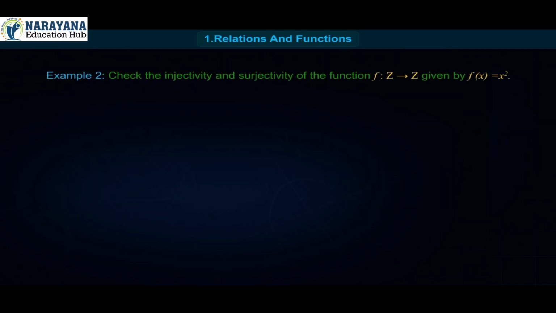Example 2. Check the injectivity and surjectivity of the function f from Z to Z given by f(x) equals x squared. Solution. It is seen that f(-1) equals 1 and f(1) equals 1, but -1 is not equal to 1.